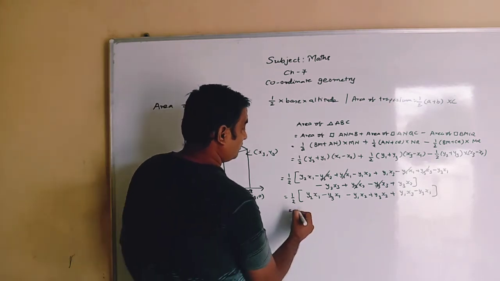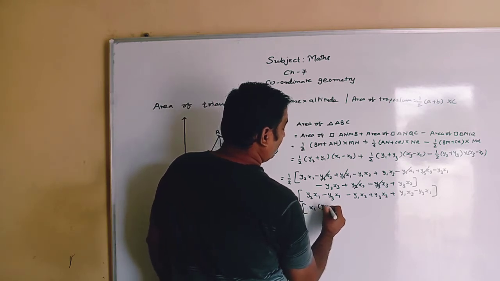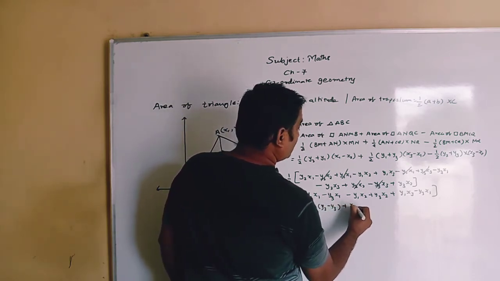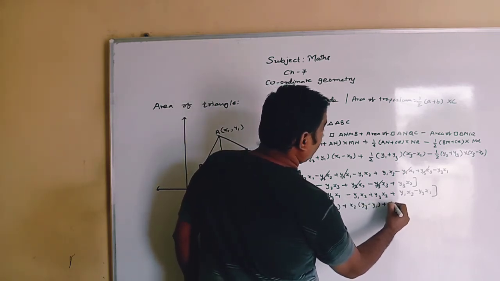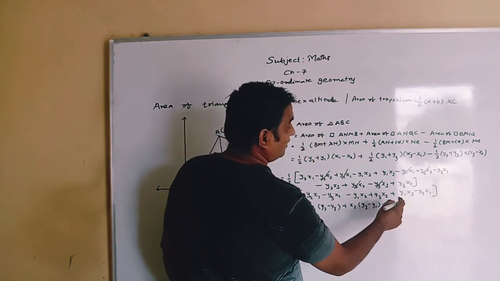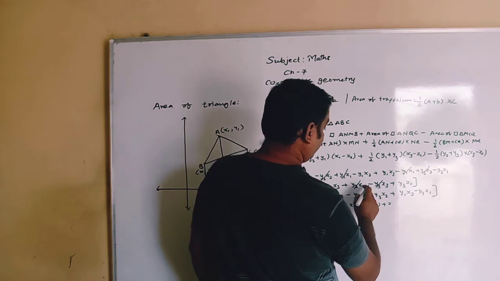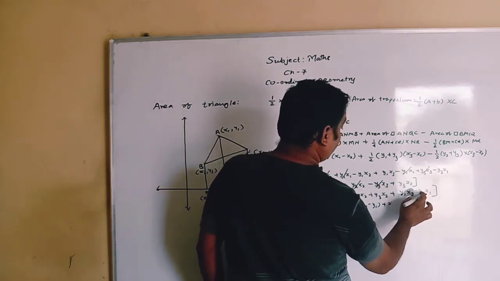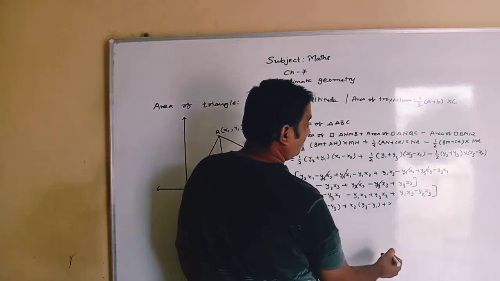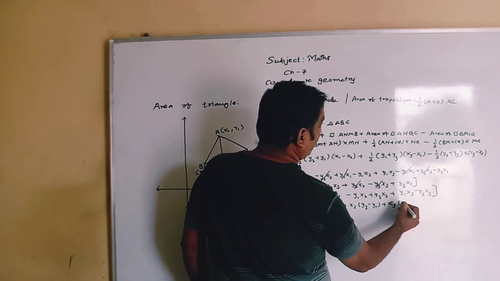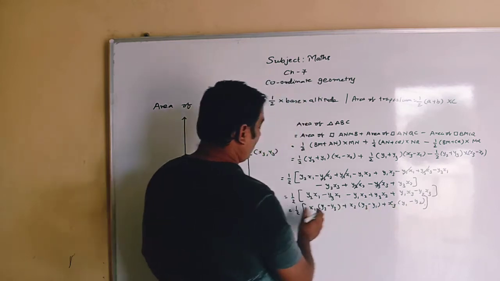So 1 by 2 [x1 common (y2 minus y3) plus x2 common (y3 minus y1) plus x3 common (y1 minus y2)].